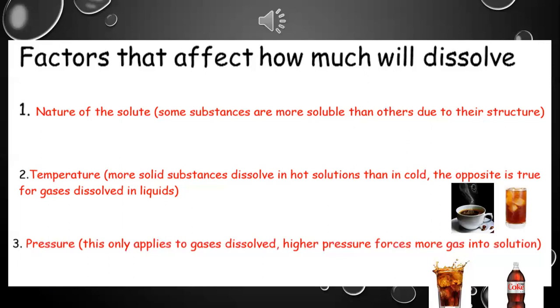So what do we say for getting more gas to dissolve? Think about it. You need to push that gas into the solvent. And so the way we can do that is have higher pressure. And that is exactly what they do in the soda companies to get more carbon dioxide to dissolve. They prepare that soda under high pressure, seal it off, and then sell it to the consumer.